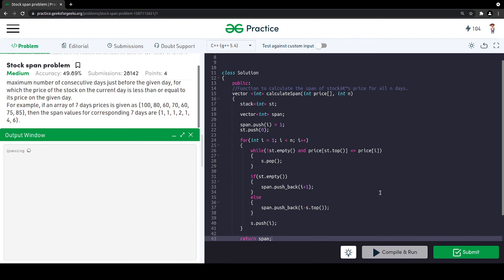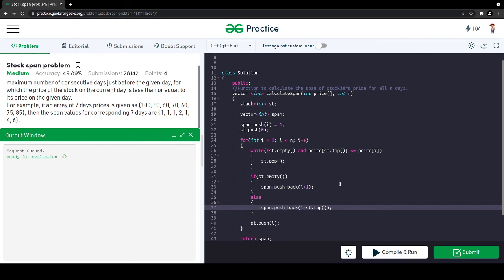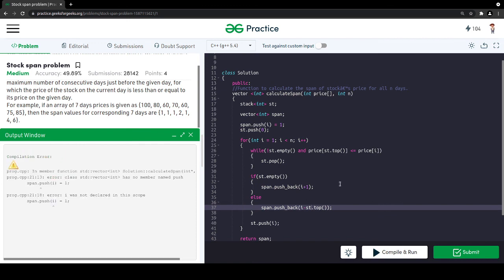So now I will be compiling my code and check if I am getting the right answer. Okay, so there is some error. So it should be st.push, and it should be st also. This should be st. Span.push_back it is.